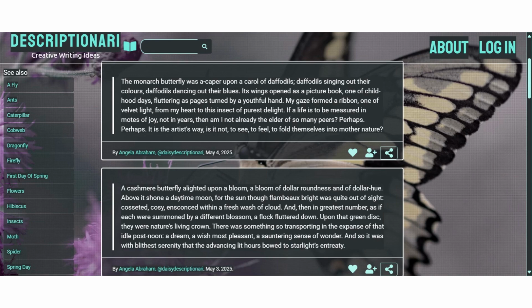A monarch butterfly was a caper upon a carol of daffodils, daffodils singing out their colours, daffodils dancing out their blues. Its wings opened as a picture book, one of childhood days, fluttering as pages turned by a youthful hand.